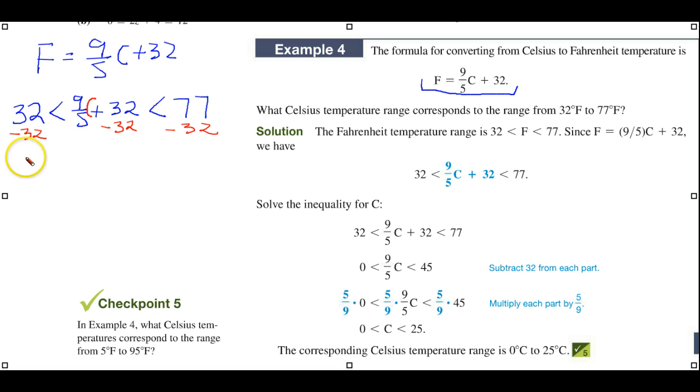Well, this then gives us 0 is less than 9/5 C is less than 45.